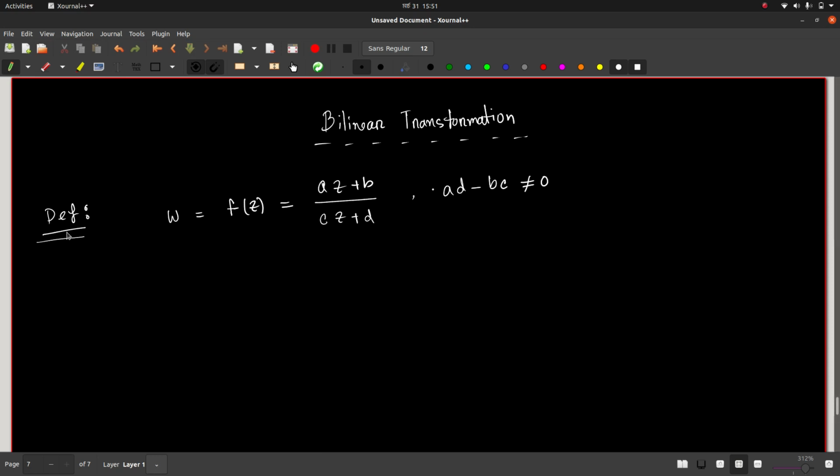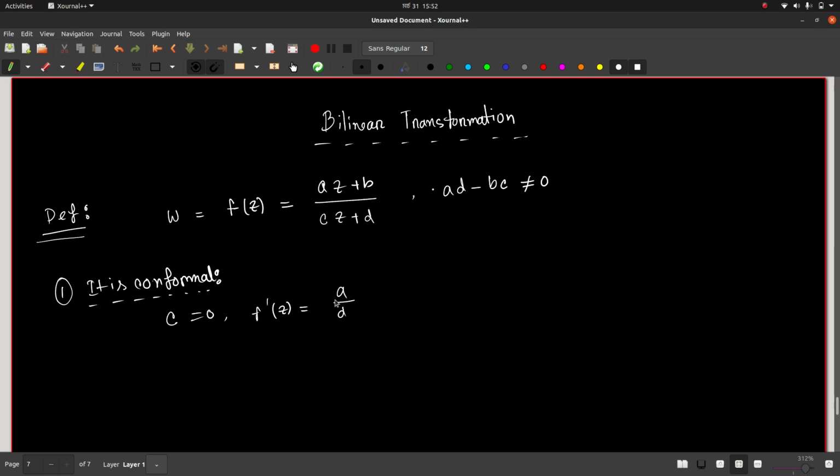Now it has some important properties, and the first one is that it is conformal. Well, let's try to check it. If you think that c is 0, then f'(z) will simply be a by d, because c is 0 and you take the derivative of (az + b) divided by d.